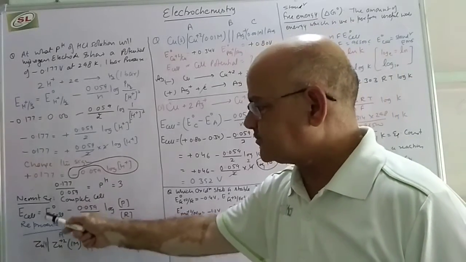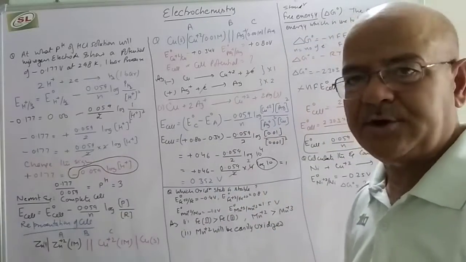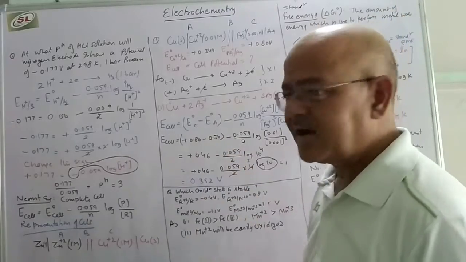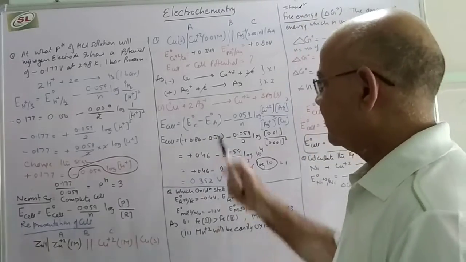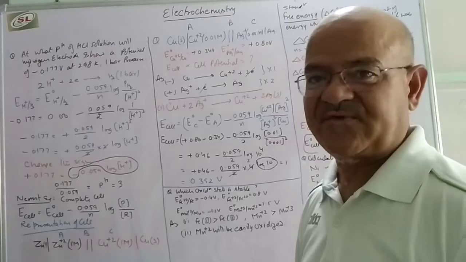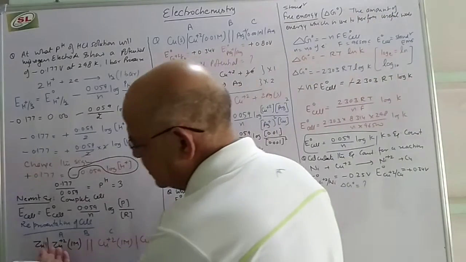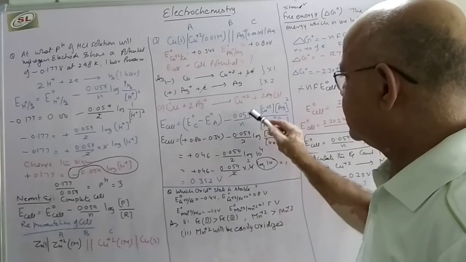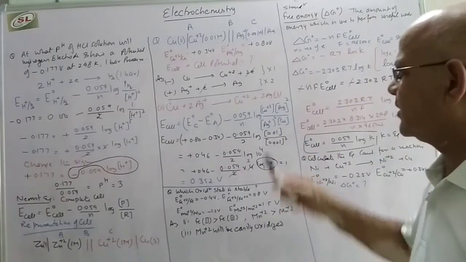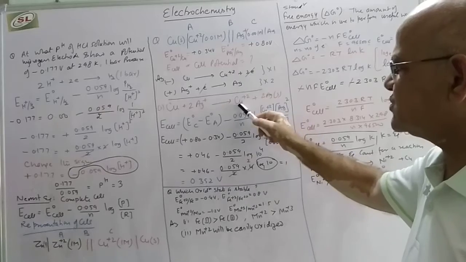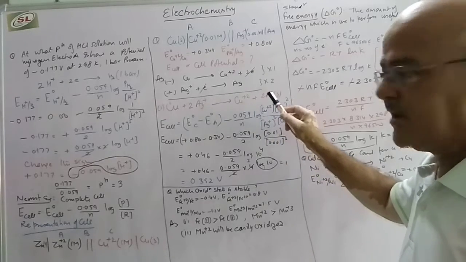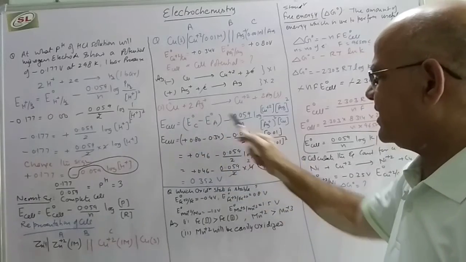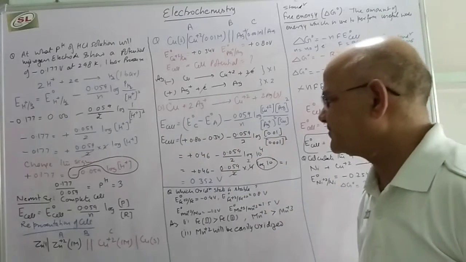E naught cell is E naught cathode minus E naught anode. Sometimes it may be E naught R meaning right, E naught L meaning left, as anode is on the left and cathode is on the right. Then 0.059 upon n log, the concentration of product over reactant, with the stoichiometry going in power: Ag+ square and copper.